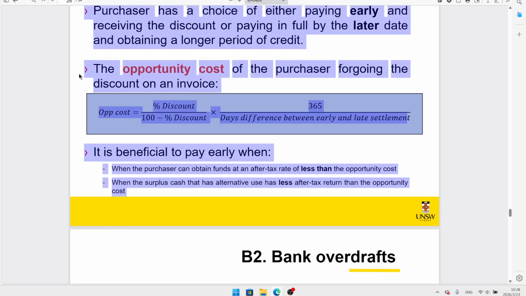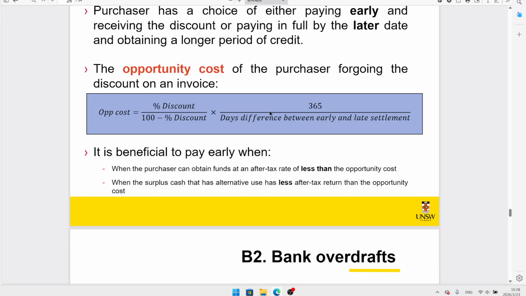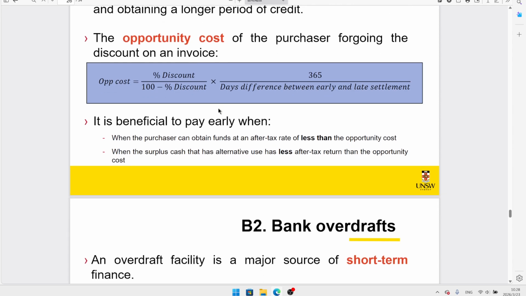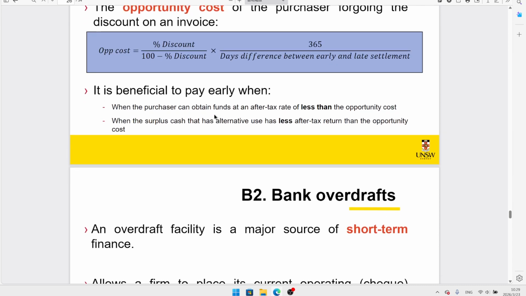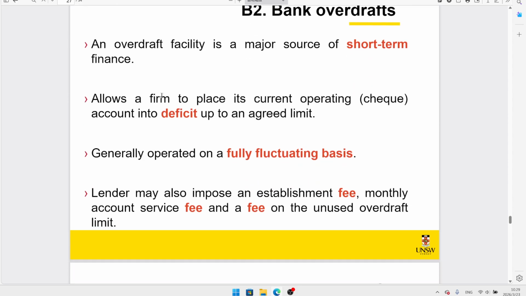Maybe there is a question on the exam, quiz and exercise questions. Pay attention to this. And then there is the bank overdraft. Overdraft facility is a major source of short-term finance.